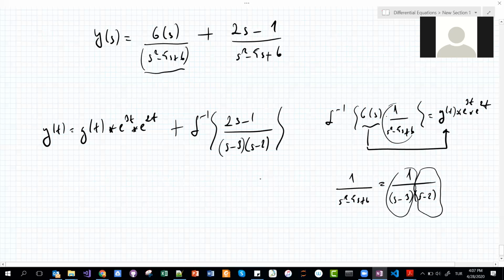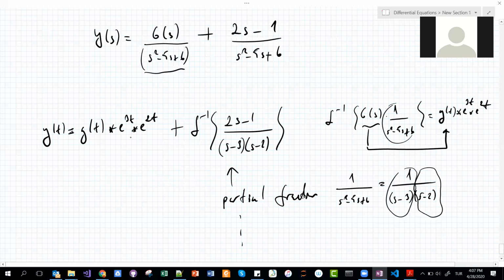What you will do is just use the partial fraction for this part, and then continue. But that's not what I'm doing here. I just want to show you this part.